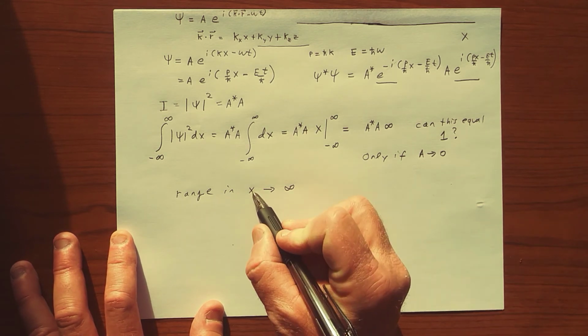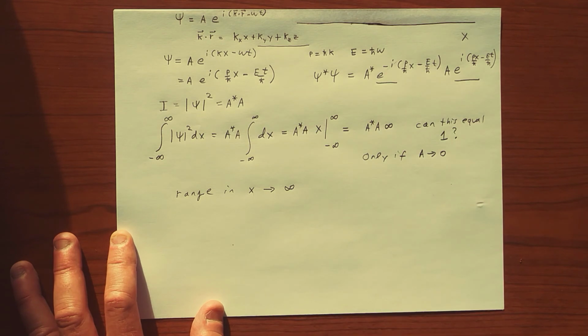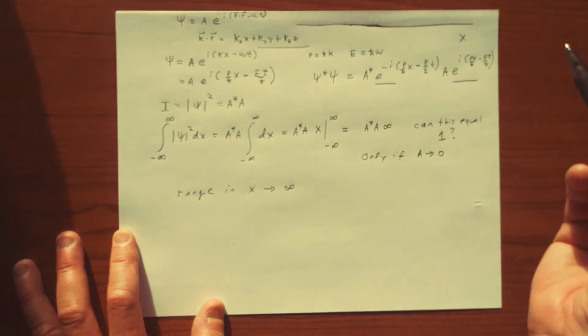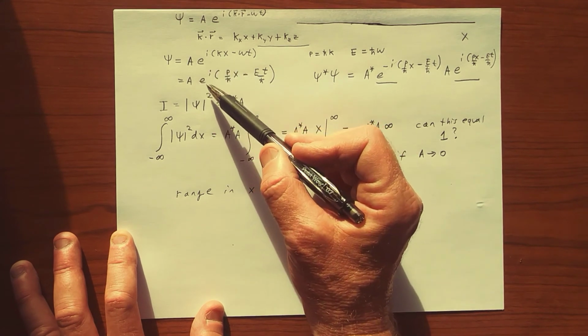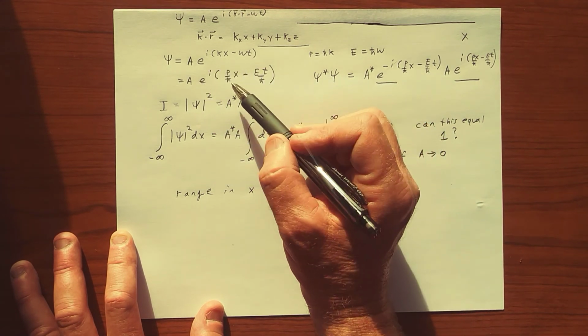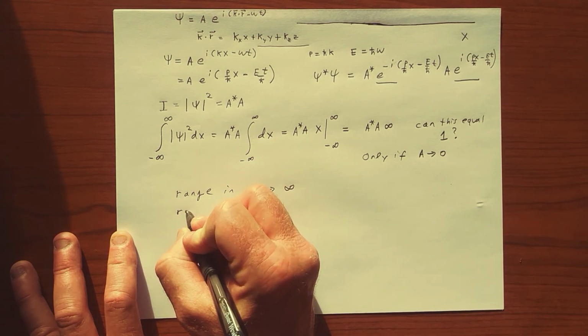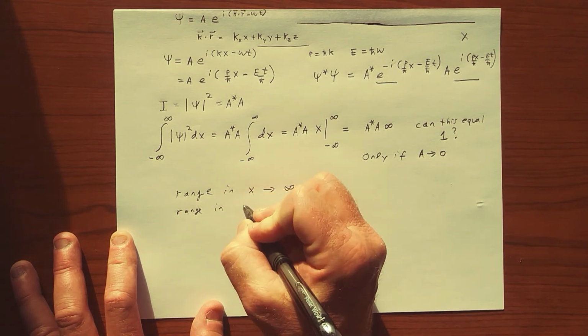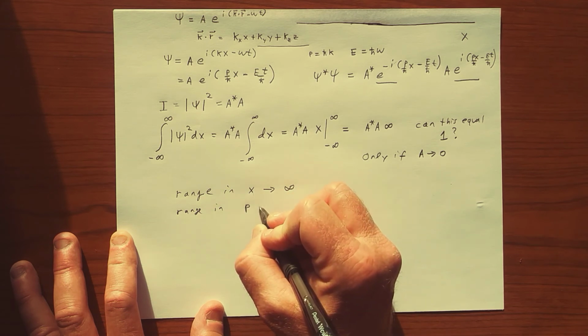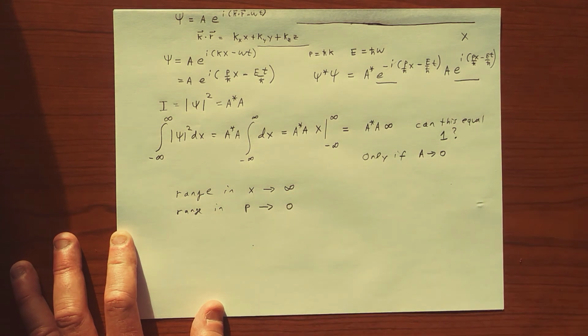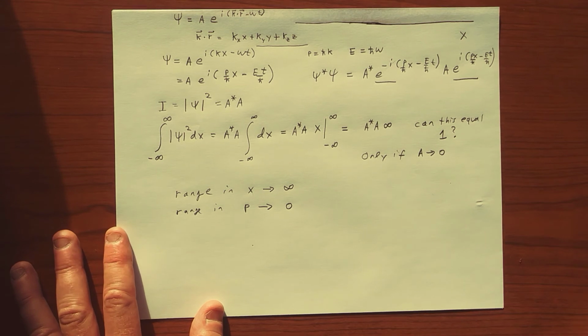But now let's look at the object that describes the particle, and see what its momentum is. There's some value of p that's fixed. So the range in the value of the momentum is 0. Okay, so we've made the momentum range. There's one value of momentum. That means the range in momentum goes to 0, while the range in possible values of x goes to infinity.